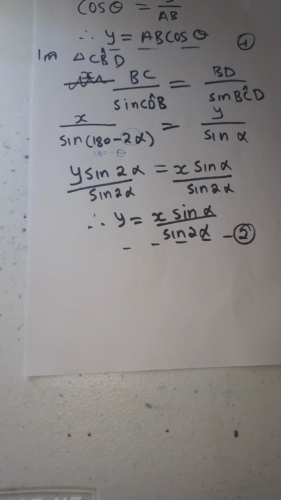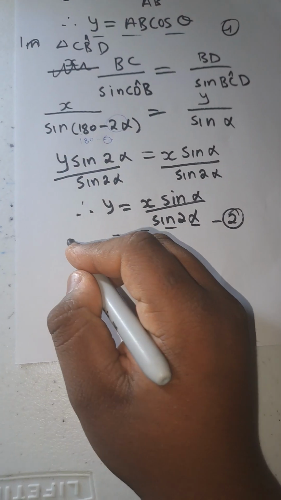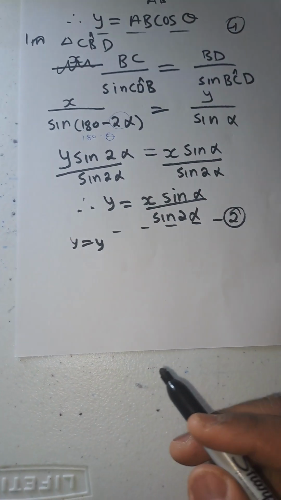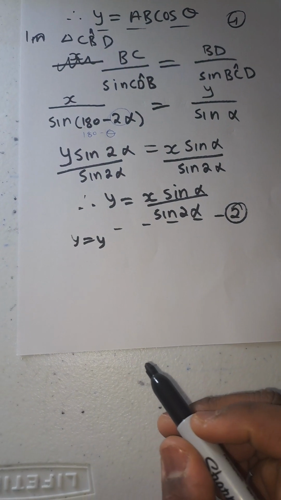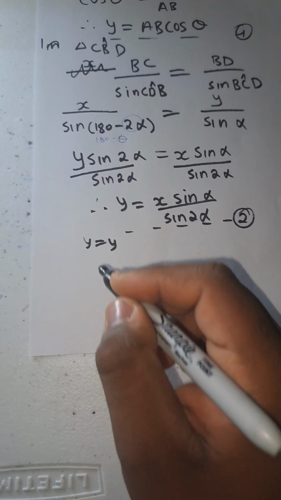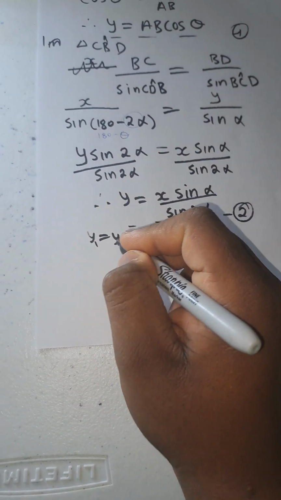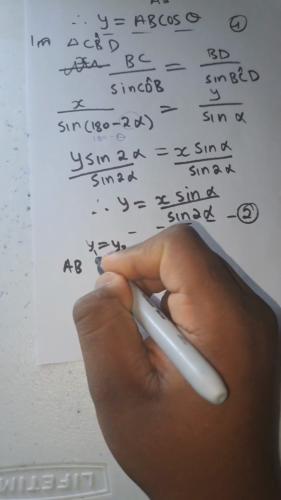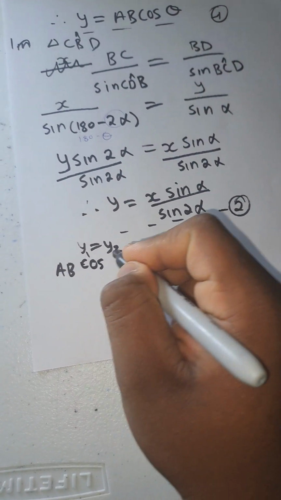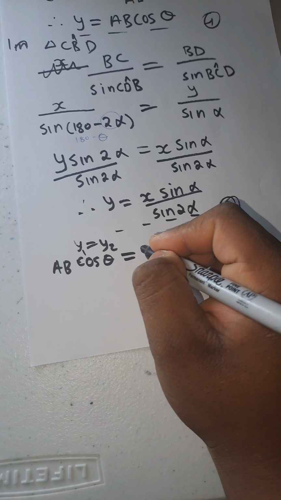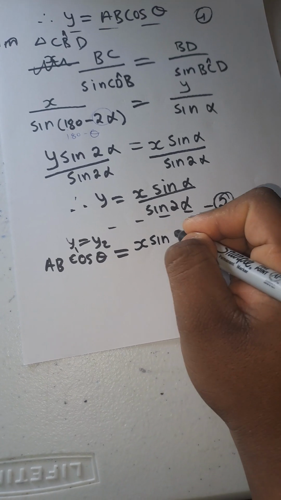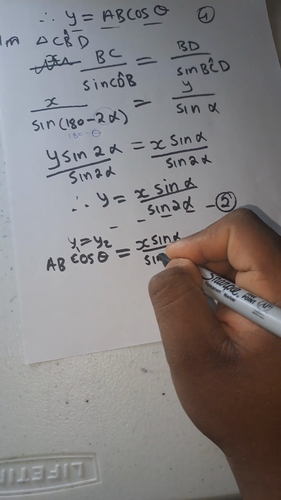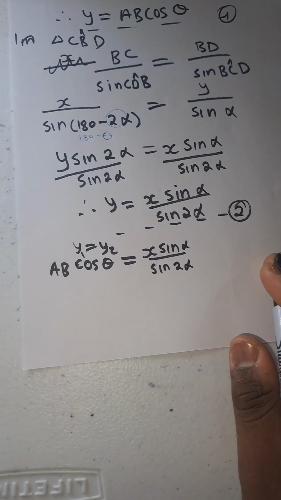Now I'm going to equate the two Y equations. On the first one, Y1, Y2, I have AB cos theta. So my AB cos theta is going to equal X sine alpha over sine 2 alpha.